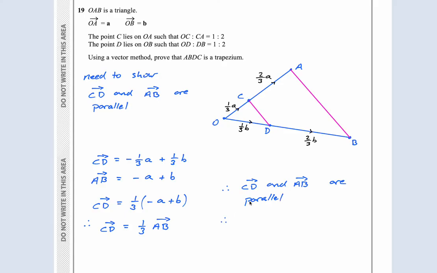Therefore, ABDC is a trapezium. Because if two sides are parallel in a quadrilateral, which we have here, a 4-sided shape, then it is a trapezium. So that's the proof done.